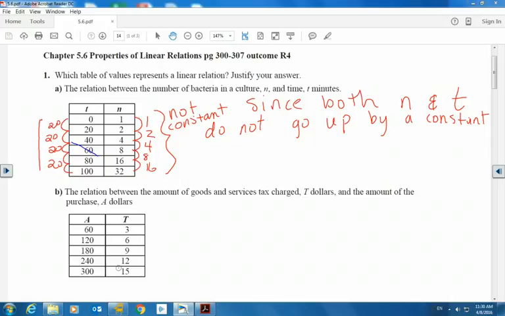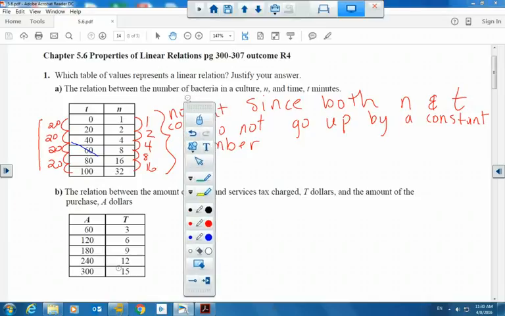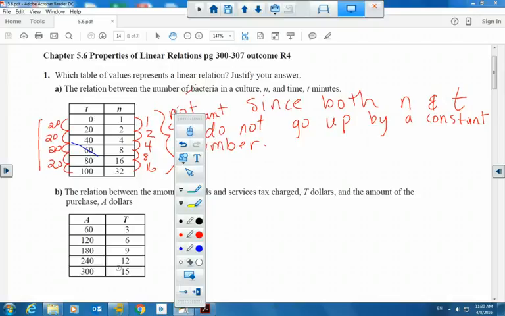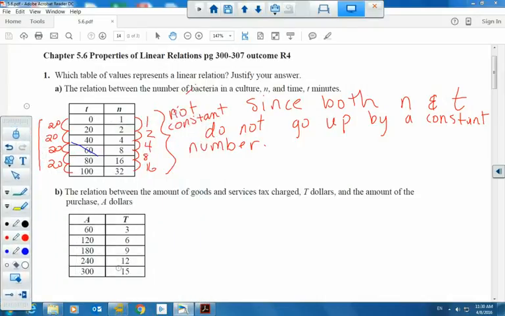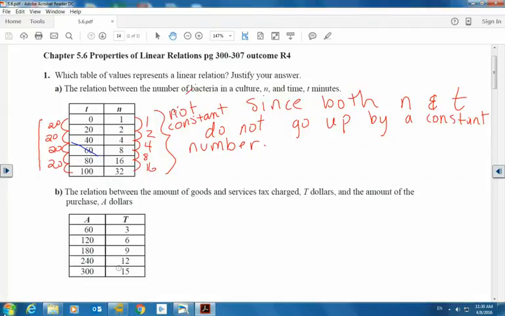The n does not go up by a constant number. I'm not adding the exact same thing each time. Then I declare this one, see, there's that ghost, I declare that this is not linear. It is not linear.